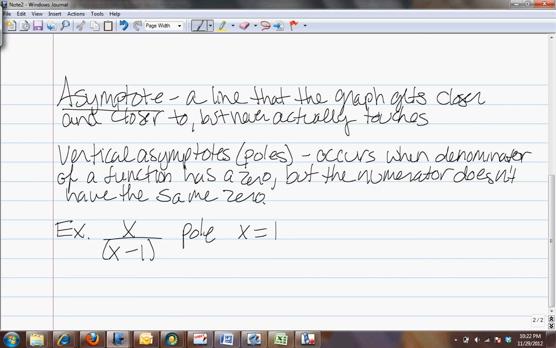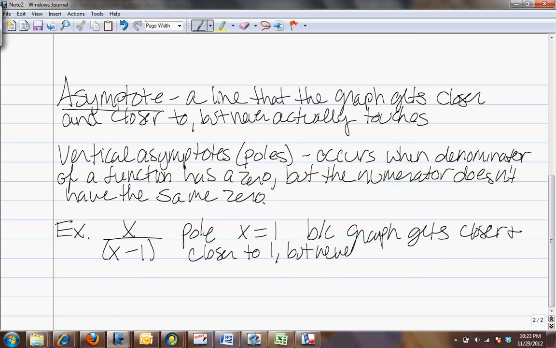So take a moment, try and graph this in your graphing calculator, see what it looks like, and see if you can see why x equals 1 would be a pole. So notice x equals 1 is a 0 of the denominator, but it's not a 0 of the numerator. I can have 1 here that would not make the numerator 0.